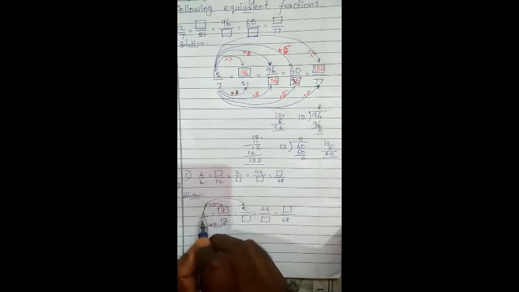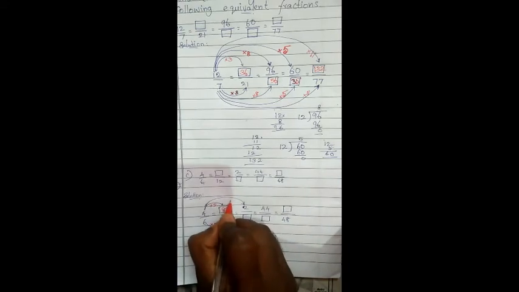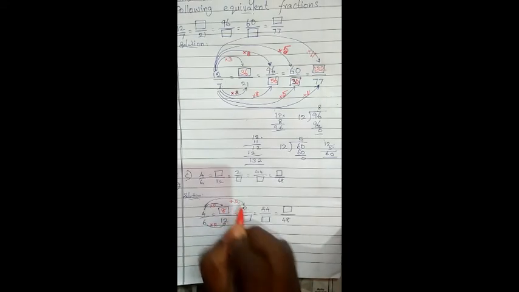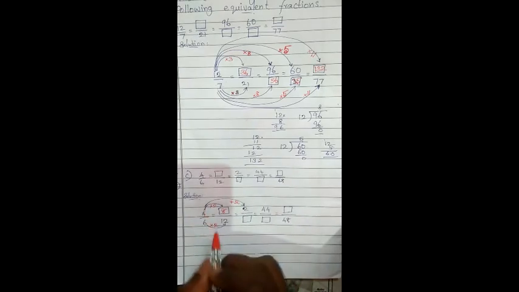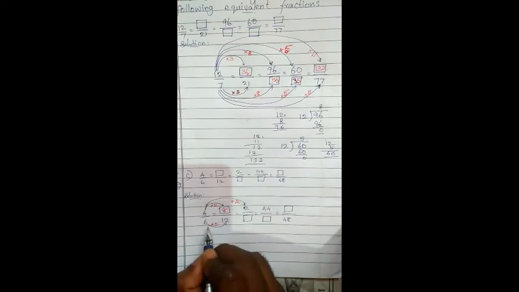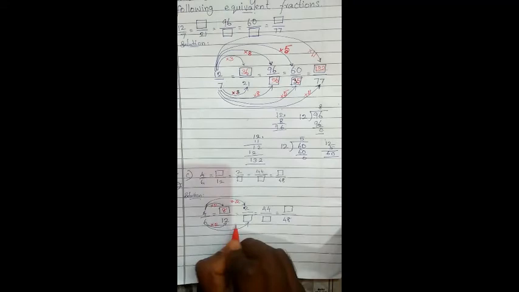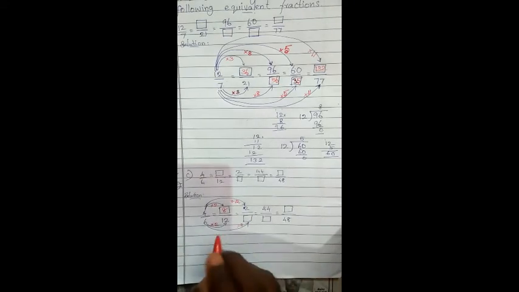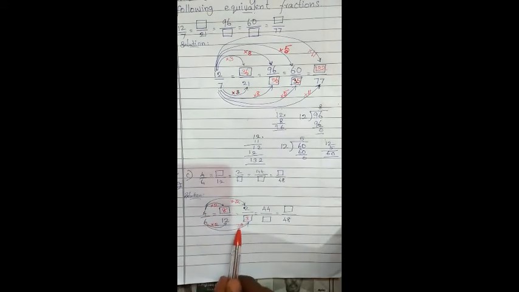If you divide 4 by 2, you will get 2. Definitely division. The number is 2. Correct. Okay, then you must divide the denominator also by 2. What is 6 divided by 2? Very good. It is 3. Correct. 6 divided by 2 is 3.